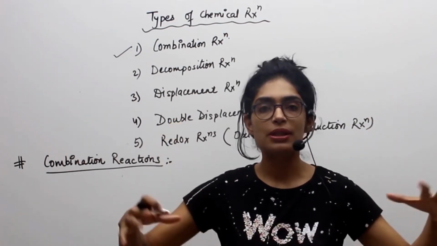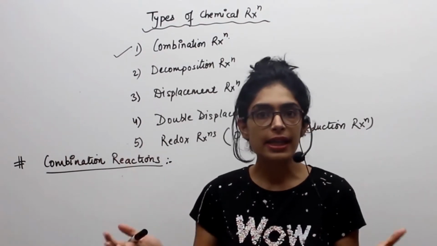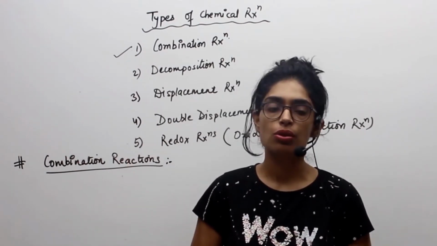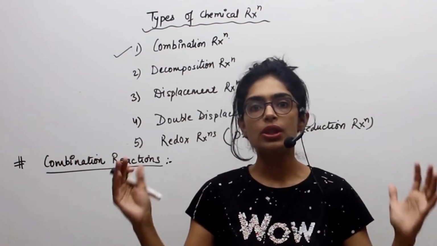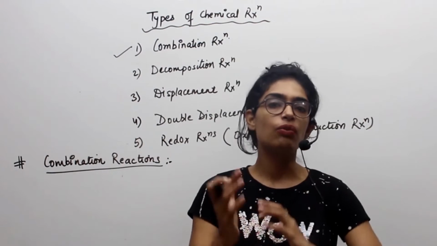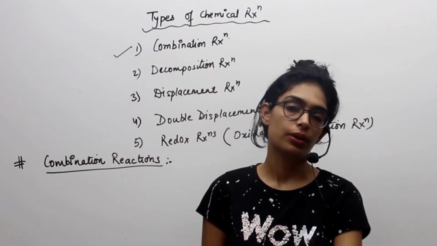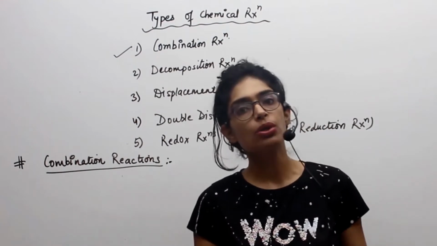So basically multiple substances you have, you're combining them and making them one. So that's exactly what happens in a combination reaction also. So you have multiple reactants, you're just reacting them together, and while reacting, they are combining with each other and becoming one single product. This is your combination reaction.